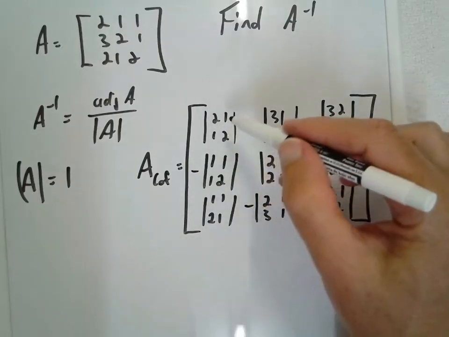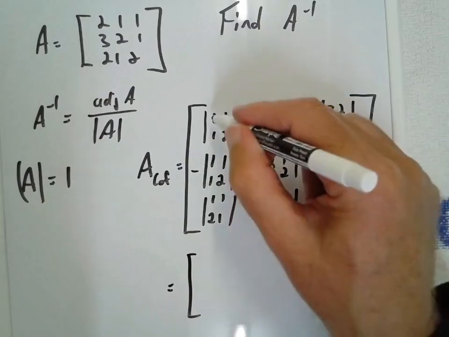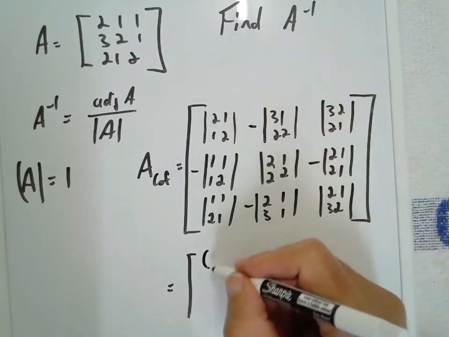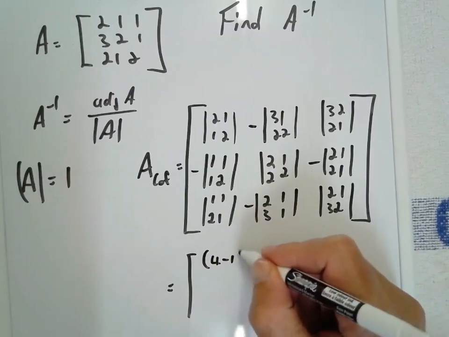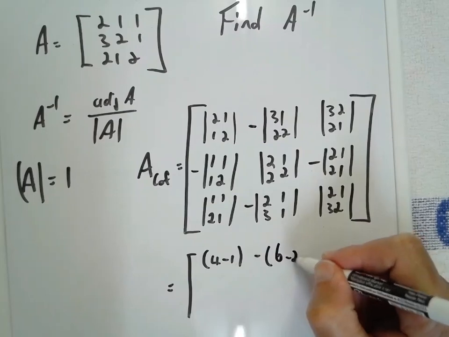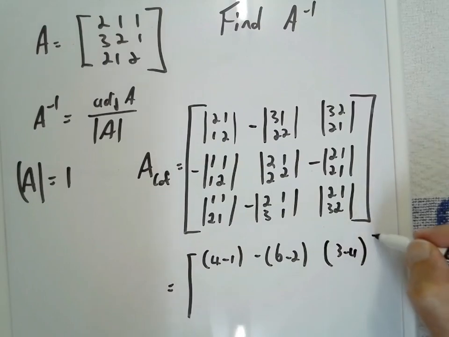So our cofactor matrix becomes AD minus BC, so it's going to be 4 minus 1, the negative of 6 minus 2, and 3 minus 4.